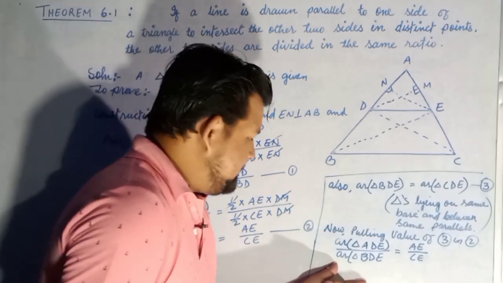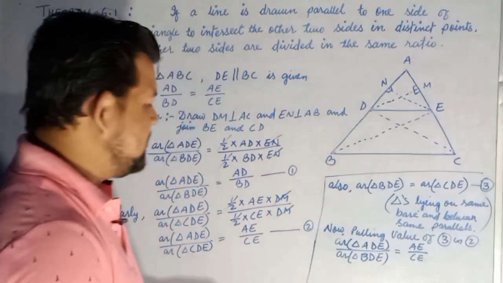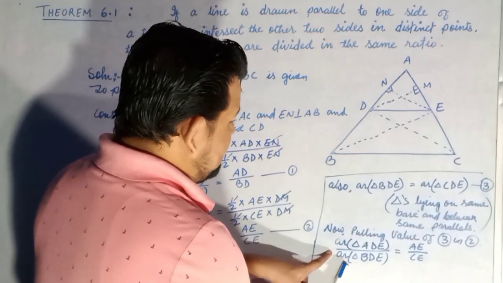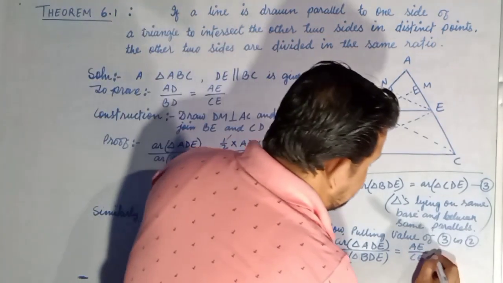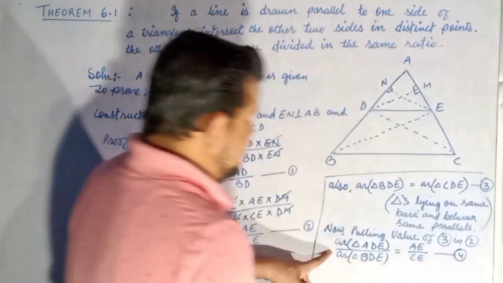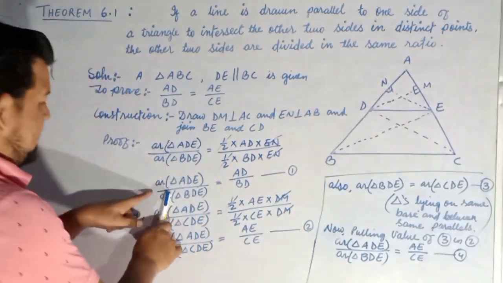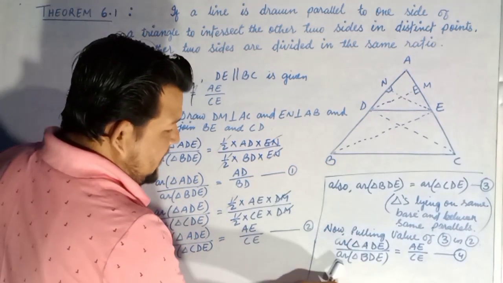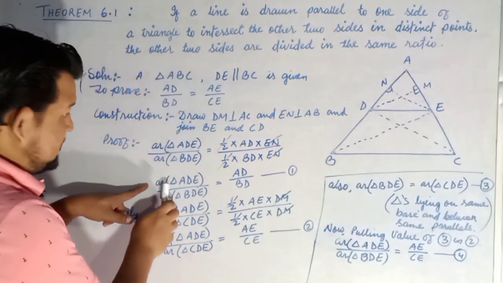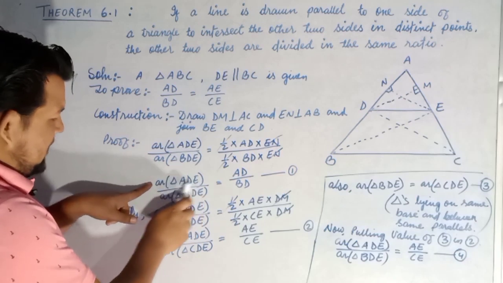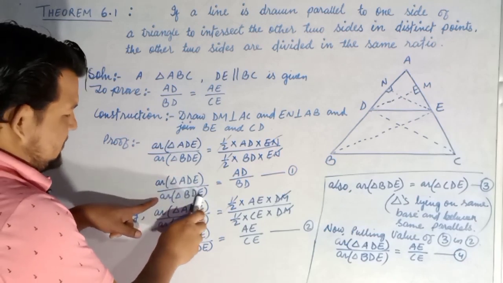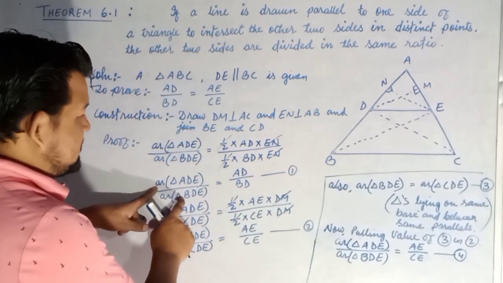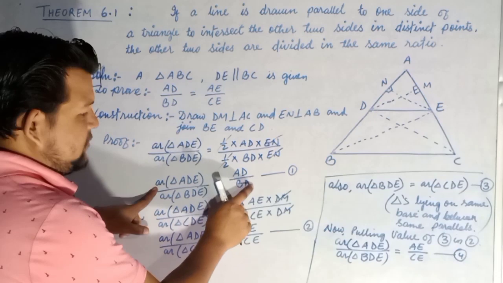Now see what we have got. Suppose this one is number 4. When we look at this and equation number 1, in equation 1 also we have the area of triangle ADE by the area of triangle BDE. It is the same thing, and this is equal to AD by BD in equation number 1.